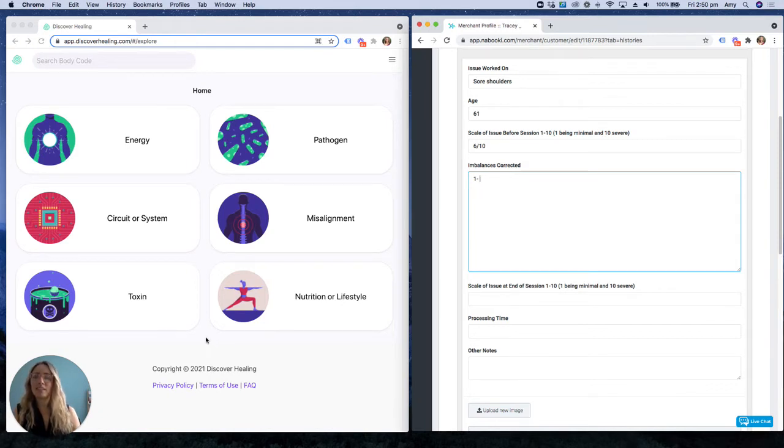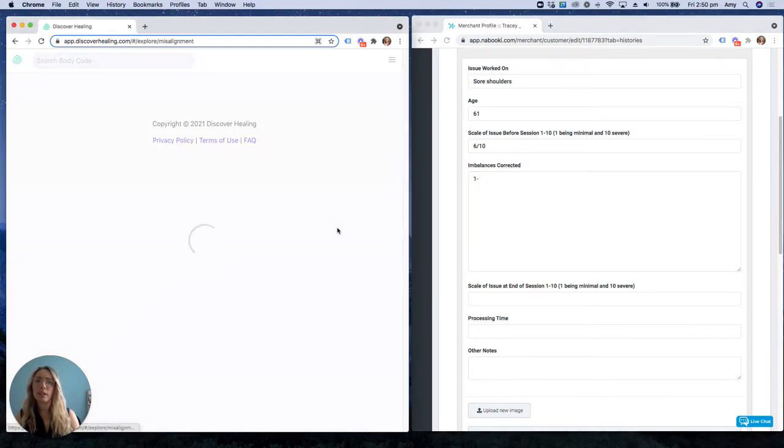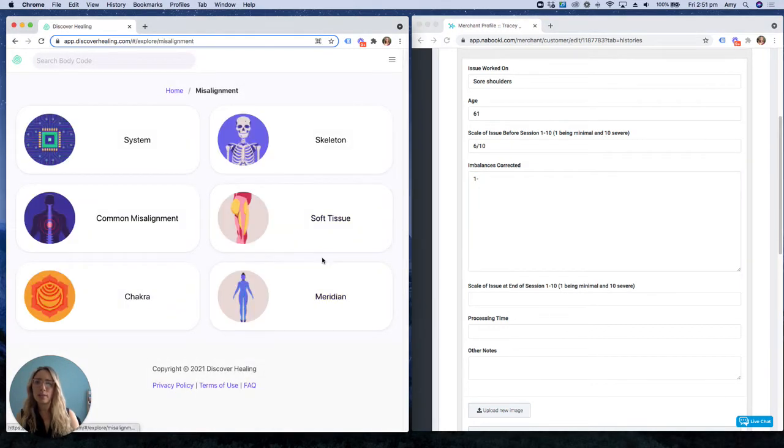The first thing that I do is find out if what is contributing to her issue is on the left side of the chart or the right side. Okay, so we're starting off with a misalignment.